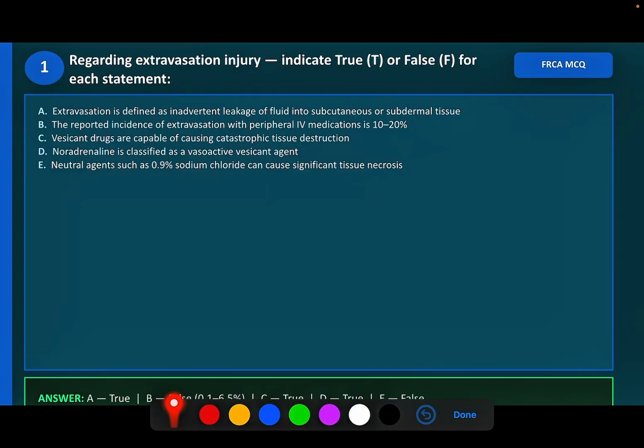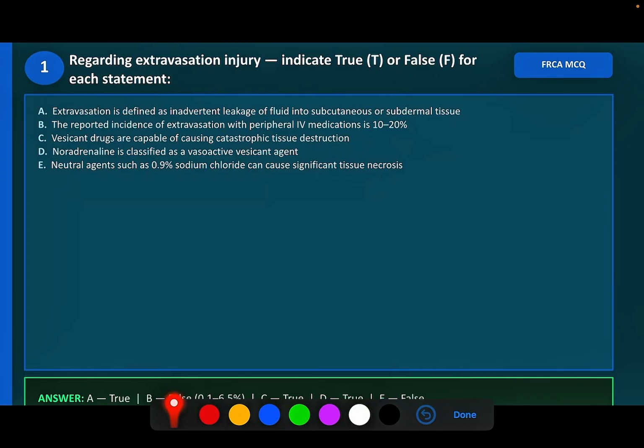We'll discuss some of the MCQs regarding this topic. Regarding extravasation injury, this is a true and false question. Extravasation is defined as inadvertent leakage of fluid into subcutaneous or subdermal tissue.